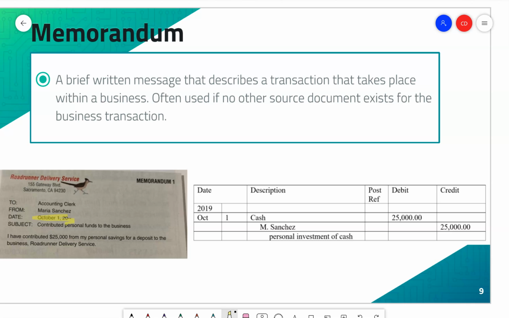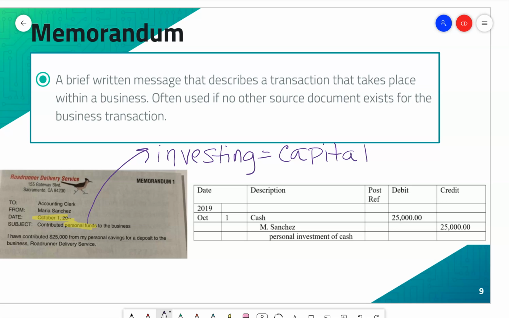It says contributed personal funds to the business. Personal funds should be a keyword to you, and what that should trigger in your mind is investing. When we're investing, capital is involved. I have contributed $25,000 from my personal savings for a deposit to the business Roadrunner Service.